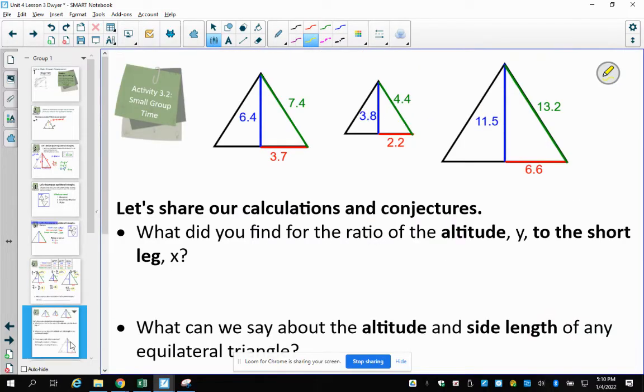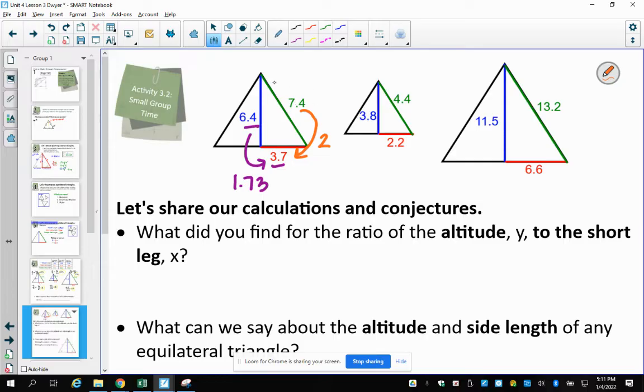So what did we get for the ratio of the altitude to the short leg? We kept getting 1.73 each time. And when we looked at the triangle side to the short leg, we got 2.